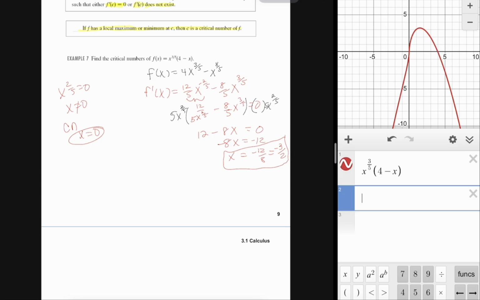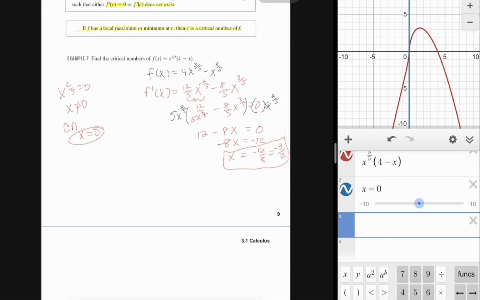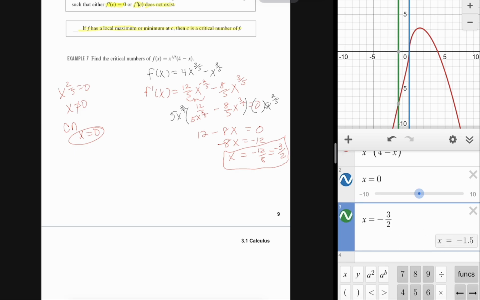And then let's put in x equals 0. That was a critical number. And then let's put in x equals negative 3 halves. Why don't we keep, oh, that was right. I'm sorry. And then let's look at our function for a minute.